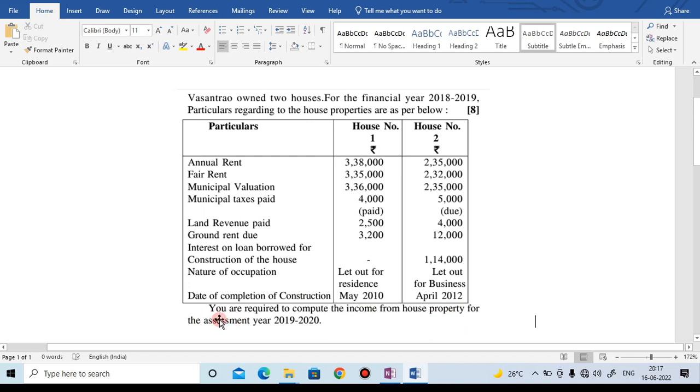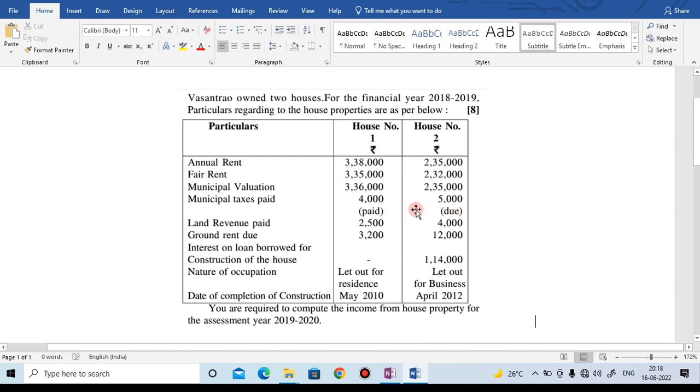Now what do you have to calculate? In the next line it is given that you are required to compute the income from house property for the assessment year 2019-2020. So we have to compute the total income from house property for Vasant Rao for the assessment year 2019-2020 for both the houses, house 1 and house 2.